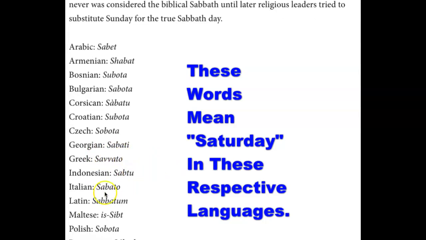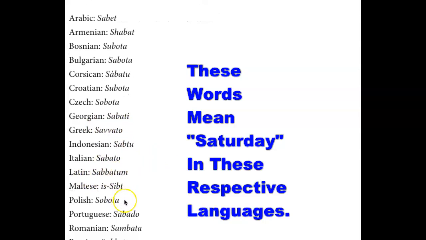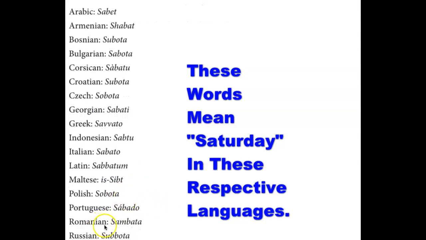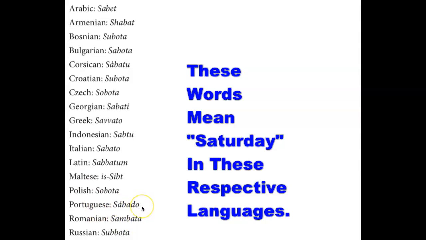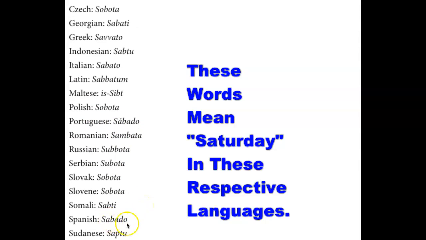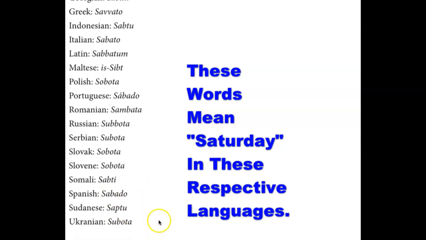The word Sabbath in Latin means Sabbatum. The word Saturday in Romanian means Sambata. The word Saturday in Portuguese means Sabado, and even in other languages too, such as Spanish, the word Saturday means Sabado. So we see how the word Sabbath is synonymous with so-called Saturday.